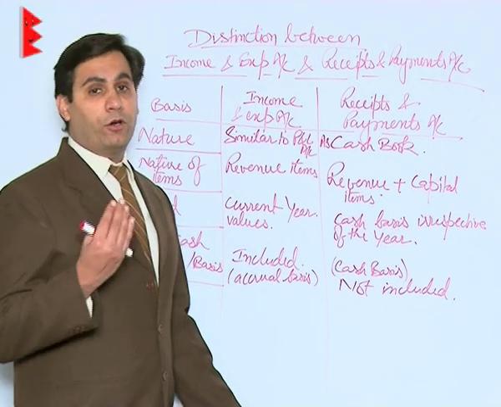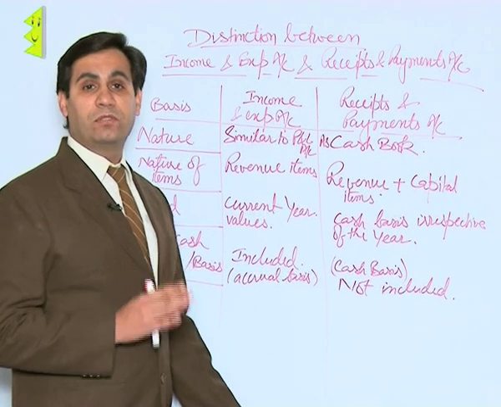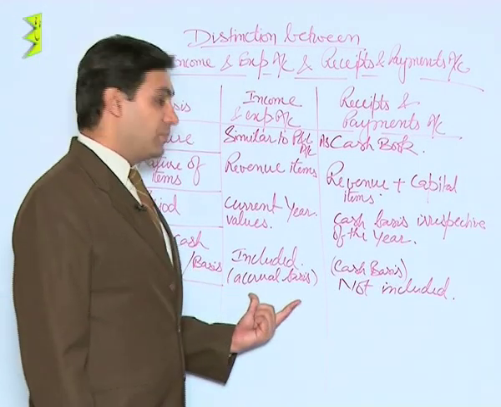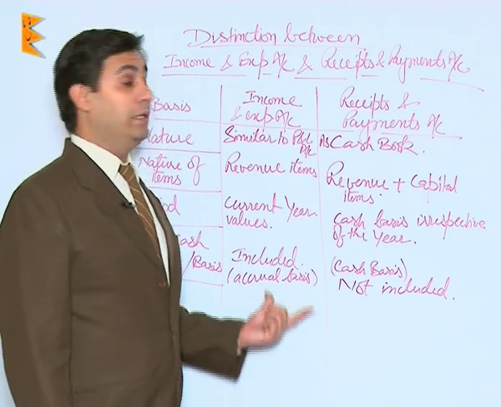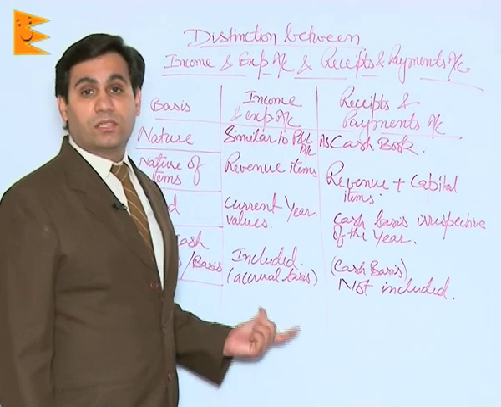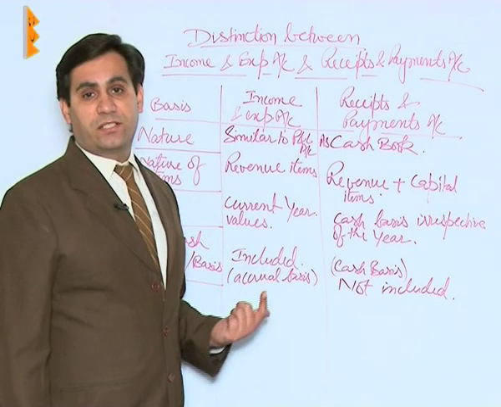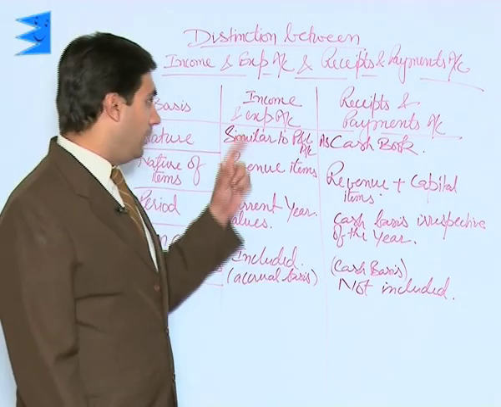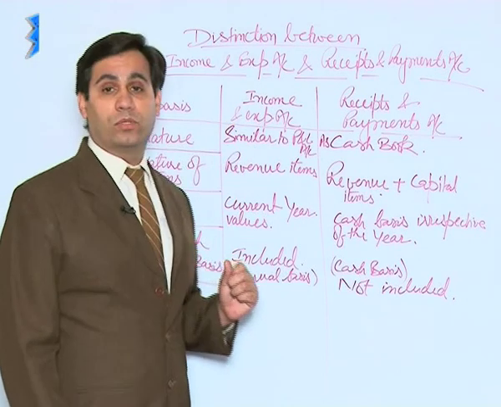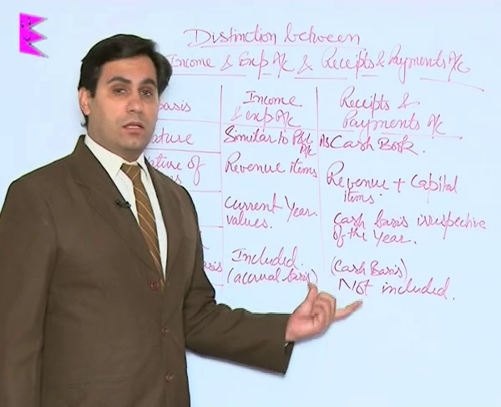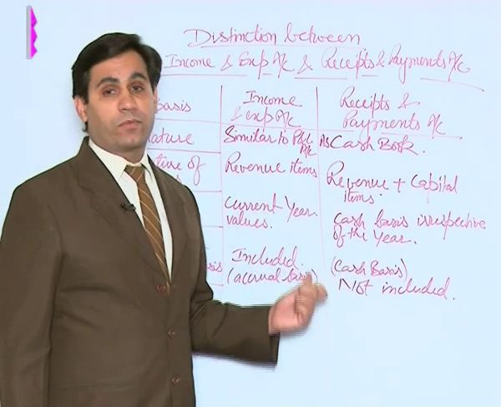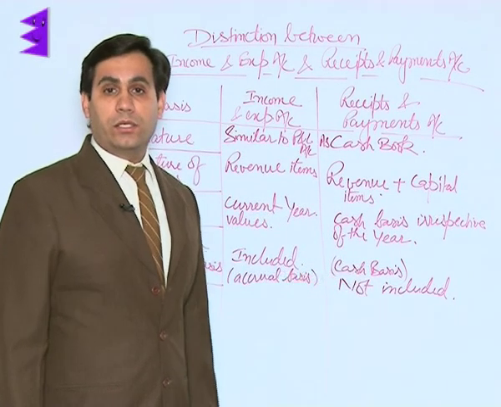Any payment made or received is shown irrespective of the period it pertains to. Then non-cash items are included in income and expenditure account. That is, items like depreciation, outstanding expenses, accrued incomes. They are shown in income and expenditure account. But in your receipts and payments account, the basis is cash basis. So non-cash items are not included.